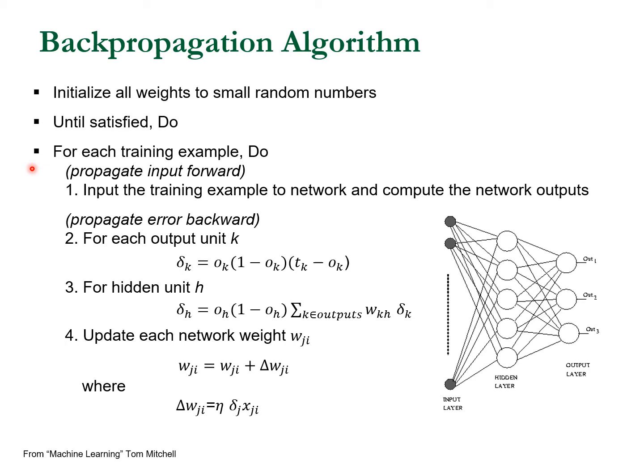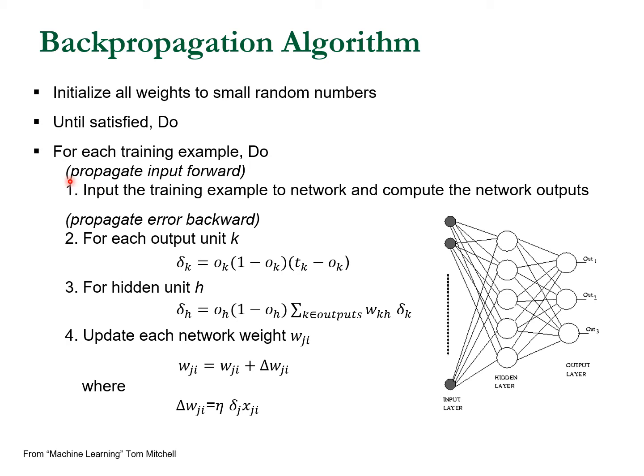You can define your own terminal condition. Until the terminal condition is satisfied, you repeat this. For each training example, you read one data. Again, this is a stochastic version.